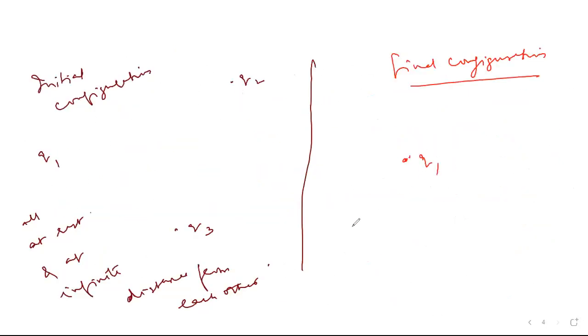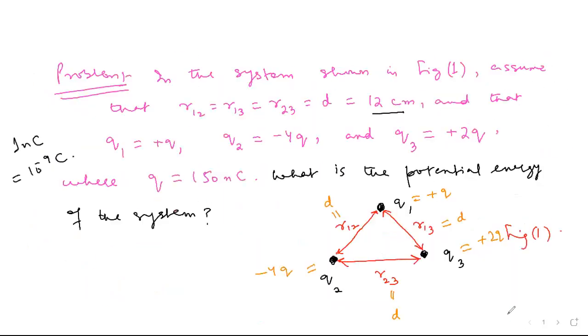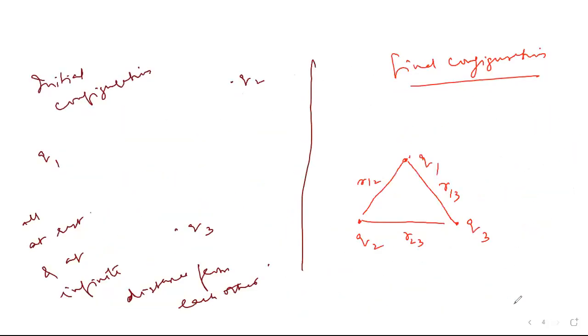This is Q1, this is Q2, this is Q3, this is our R12, this is our R23, and this is our R13. And in this final configuration, all the charges are at rest.